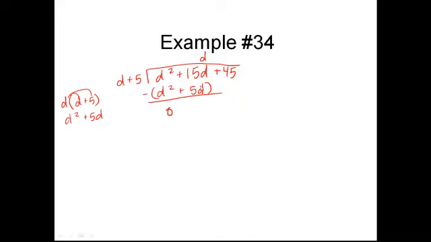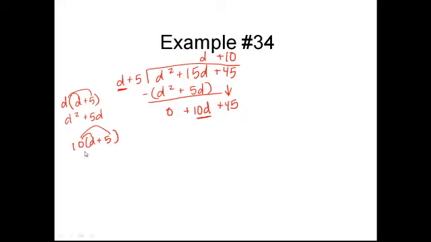15d minus positive 5d would be plus 10d, and then pull her down, plus 45. So now here's the thing. D, my first term in my divisor, goes how many times into this new thing that we have found? We're back up to that factor position. We're going to do plus 10 and put it in the constant column. Distribute that. This is that checker's job.